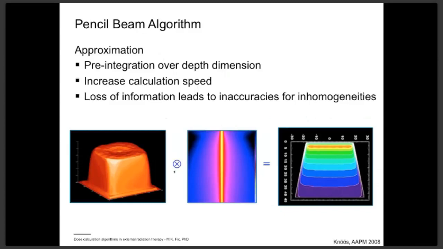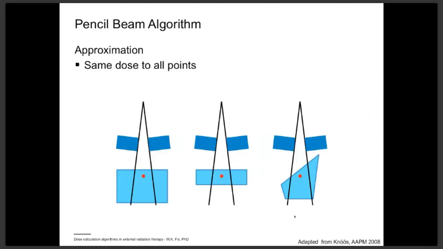Again, you have a convolution with the depth, providing you then a 3D dose distribution. One approximation we can see in this picture is that although the surface is differently shaped or the depth is different, the dose point estimated in the red location is the same for the pencil beam algorithm in all these 3 geometric configurations.